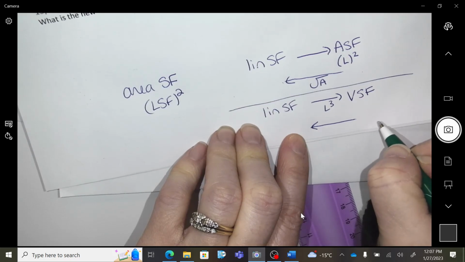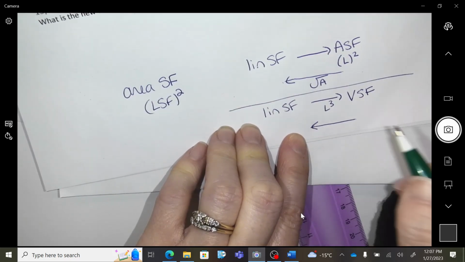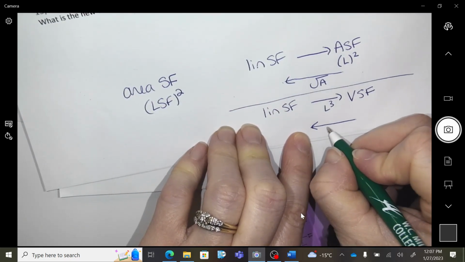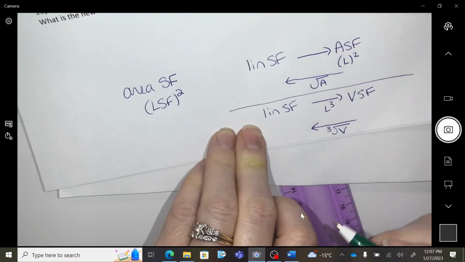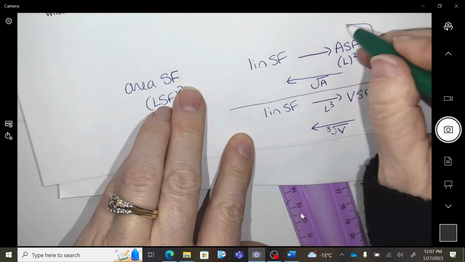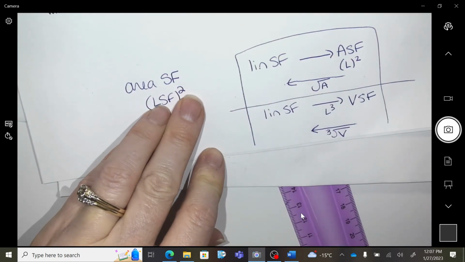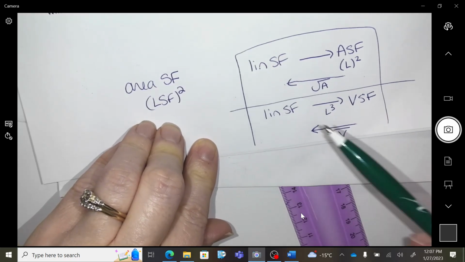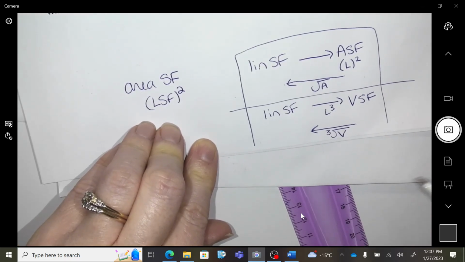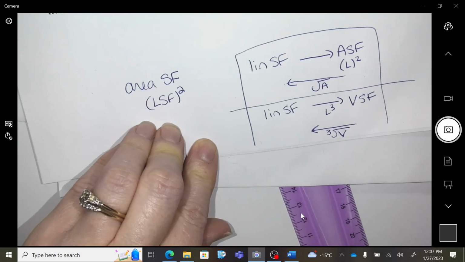How would you go from a volume to a linear dimension? You would cube root. So linear to a volume is cube, and then obviously going in the other direction, cube root it.